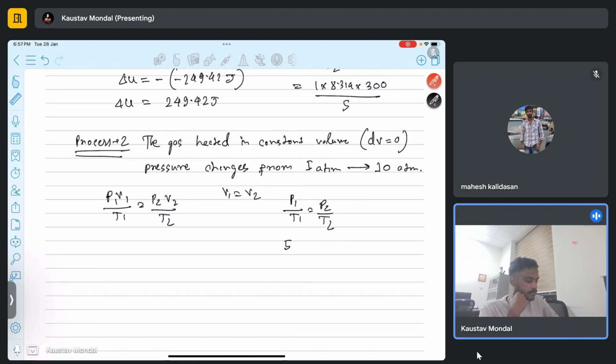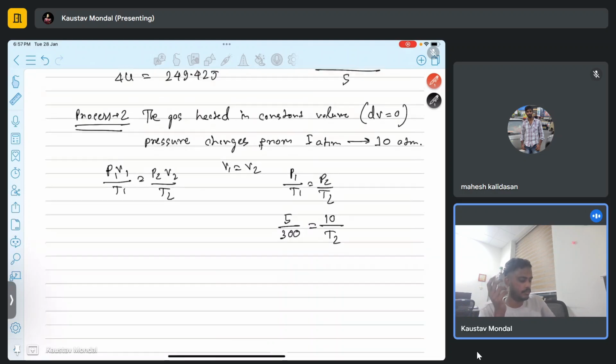P1 is 5, T1 is 300, because in the first process the temperature was 300 Kelvin and remained constant. P2 is 10, because pressure changes from 5 to 10, and T2 we have to calculate. It's pretty easy. T2 will be 10 into 300 over 5, which gives you 600 Kelvin.